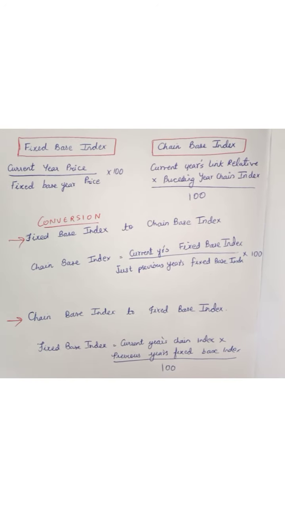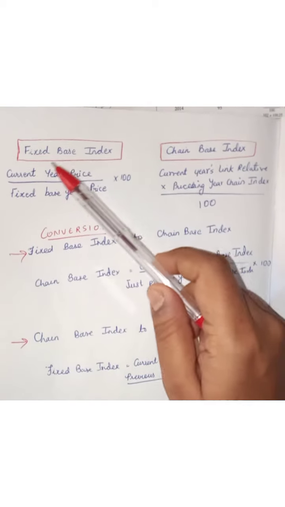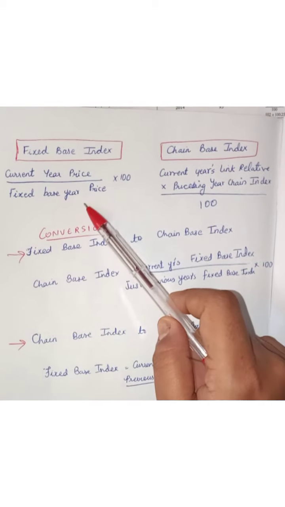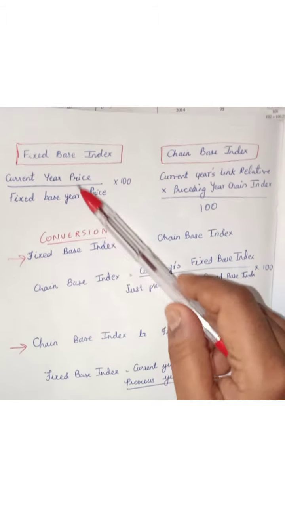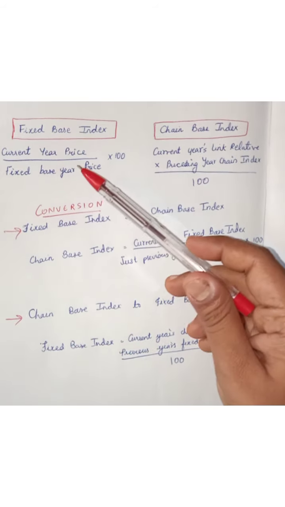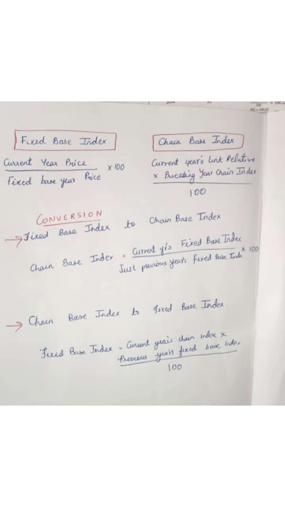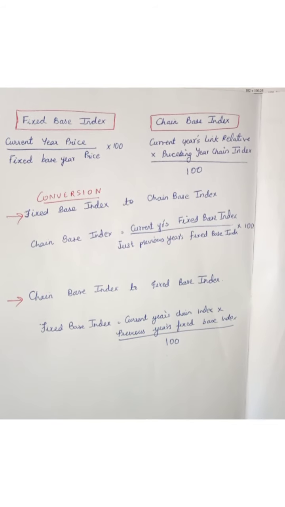Now we are going to compare the normal versions and the conversions. In the standard one, for fixed base index, we had used the base price in the denominator, whereas for conversion, for finding fixed base index, we multiply that part. The division has converted into multiplication.